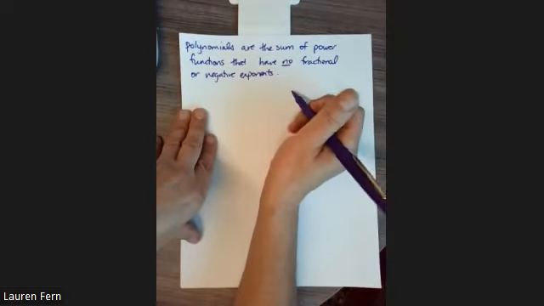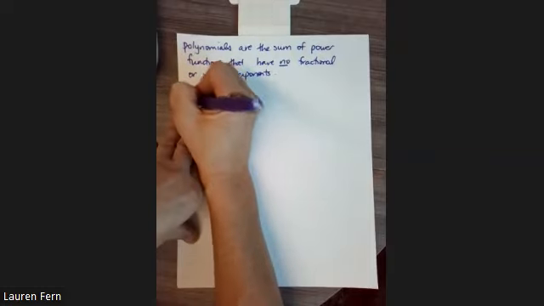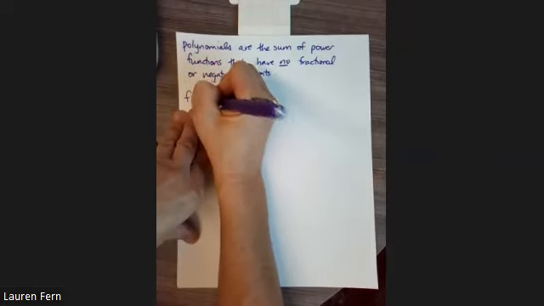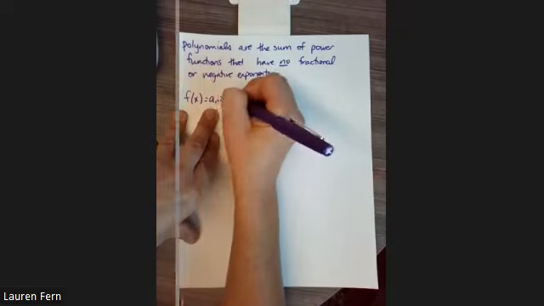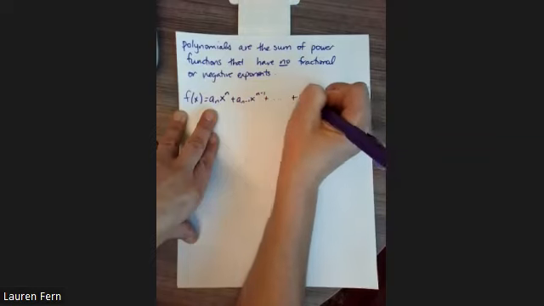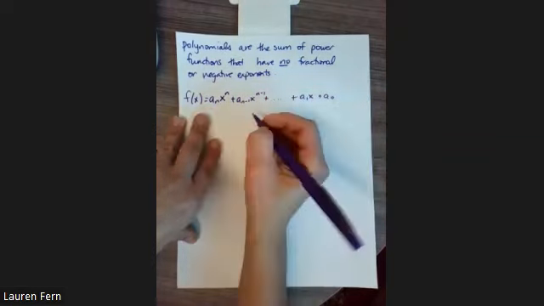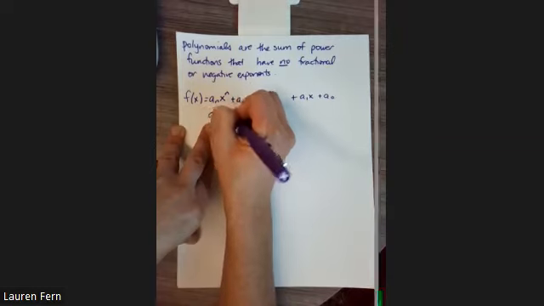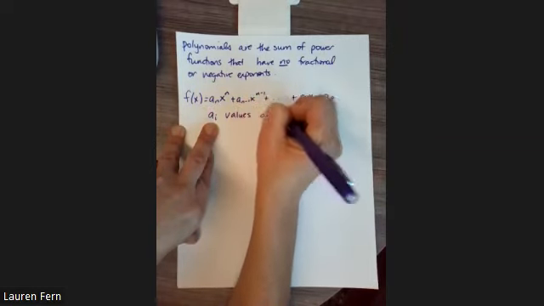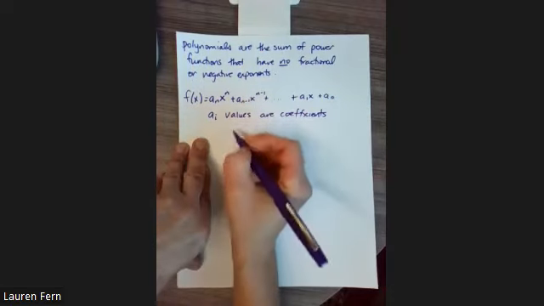Okay, now we can write out the definition of what a polynomial function looks like. Essentially, what we do is we take a bunch of different power functions. So here's one, and I add on another, and I can keep adding them on as long as I want. These a values with these subscripts are coefficients. They're real numbers.